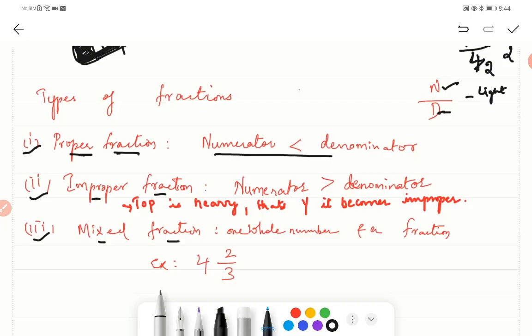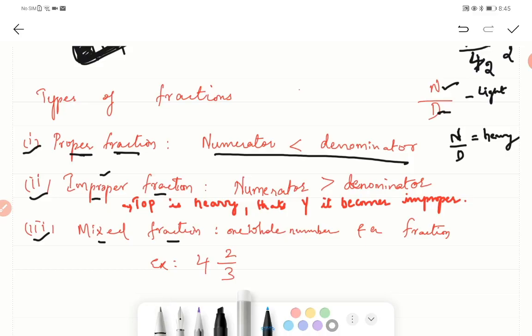This is the main difference. The opposite of this will be your improper fraction. The numerator, that is the top, will become heavy. You can remember it like this: when the numerator becomes heavy, it becomes an improper fraction.